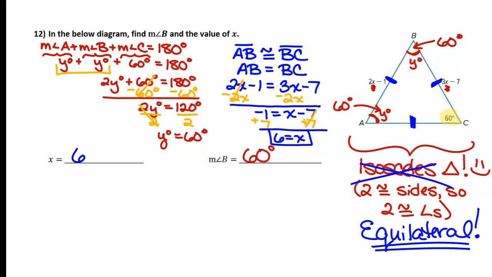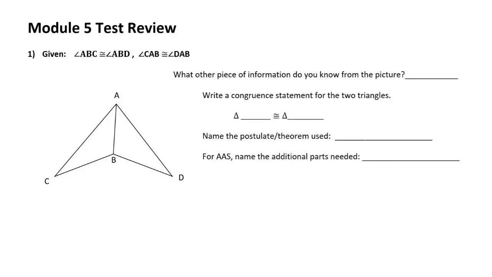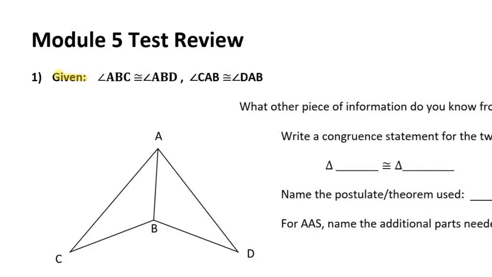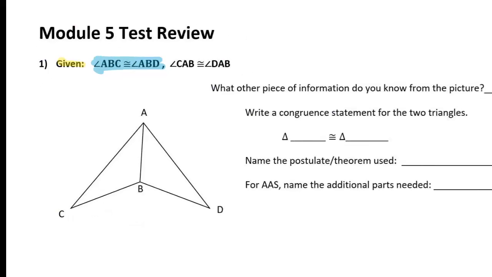All right, there's still quite a few problems on the list. We have 10 minutes left. I will get through as many as I can in our last 10 minutes. Number 1 was the next one that was requested. So it tells me in my given information right here that angle ABC, this angle right here, is congruent to angle ABD, this angle right here.